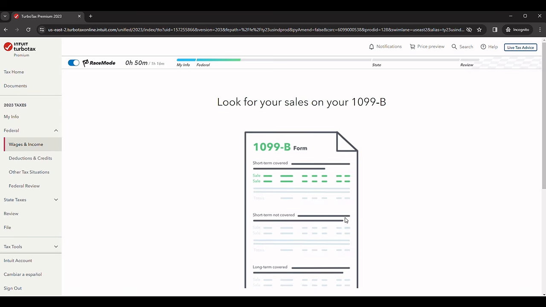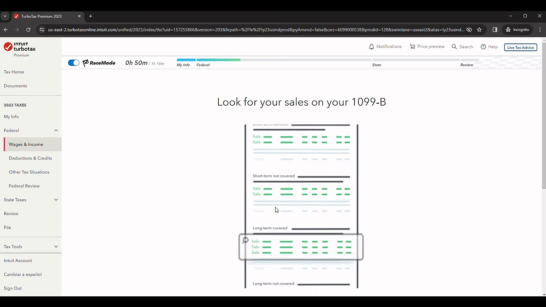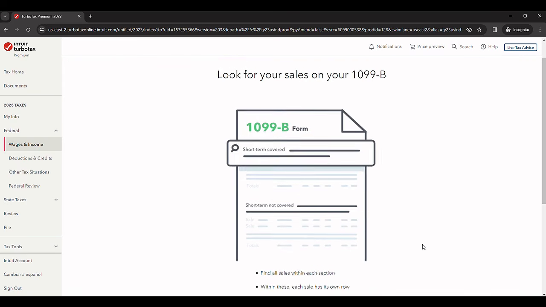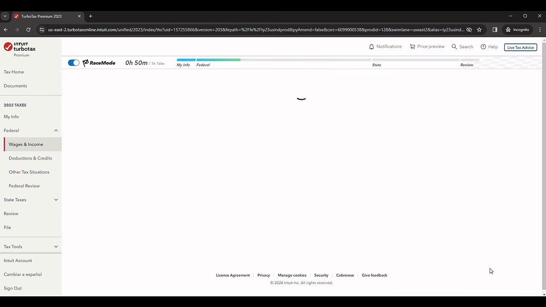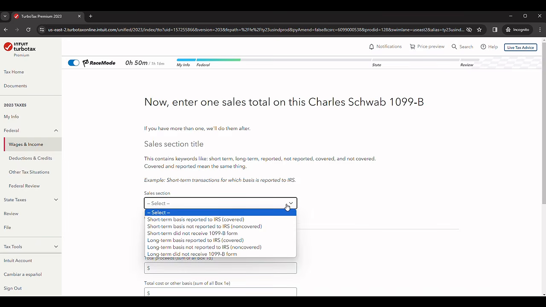They're actually showing you how it's done, because your short term and your long term are going to be summarized, and you could just type in the summaries. Okay, so let's do it. If you look at your 1099-B, you're going to see this summary.